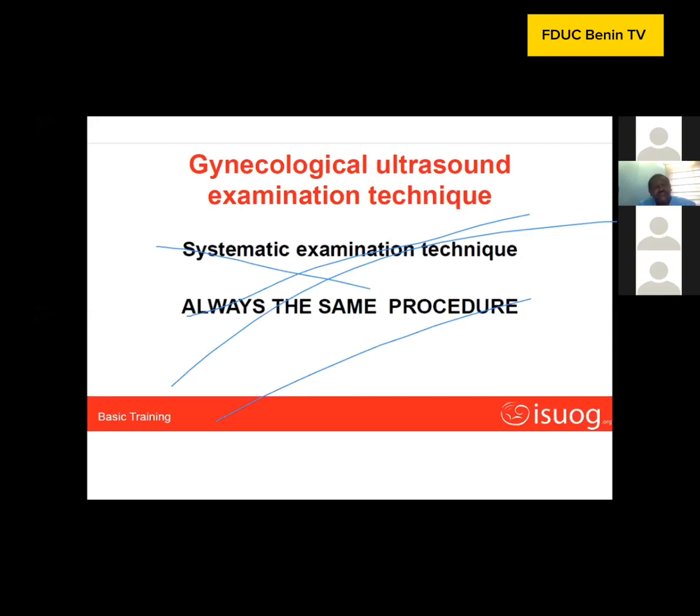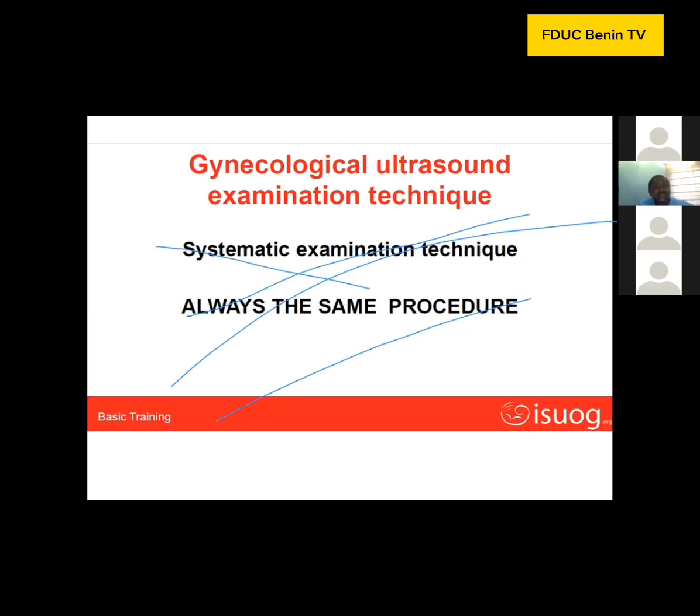Because if you do not apply a systematic scanning technique, you introduce your probe into the vagina, you see a large ovarian cyst, you become extremely excited about the cyst, and you scan the cyst for several minutes. And when the woman has left the room, you realize that you did not scan the uterus and you did not scan the other ovary.